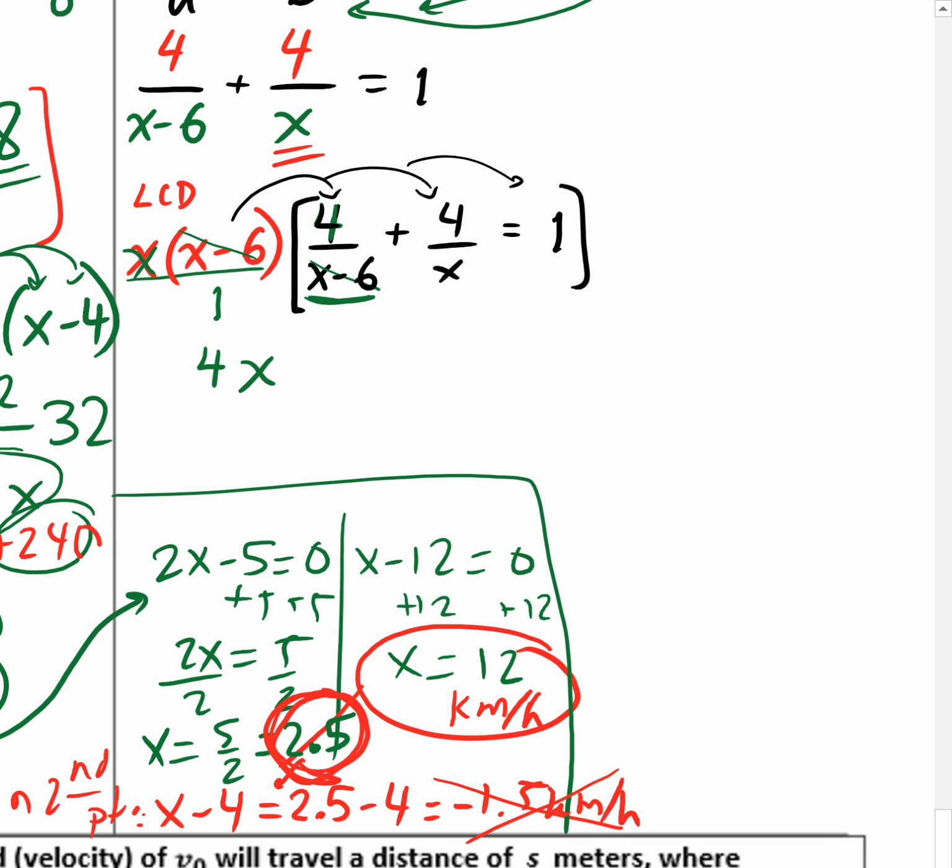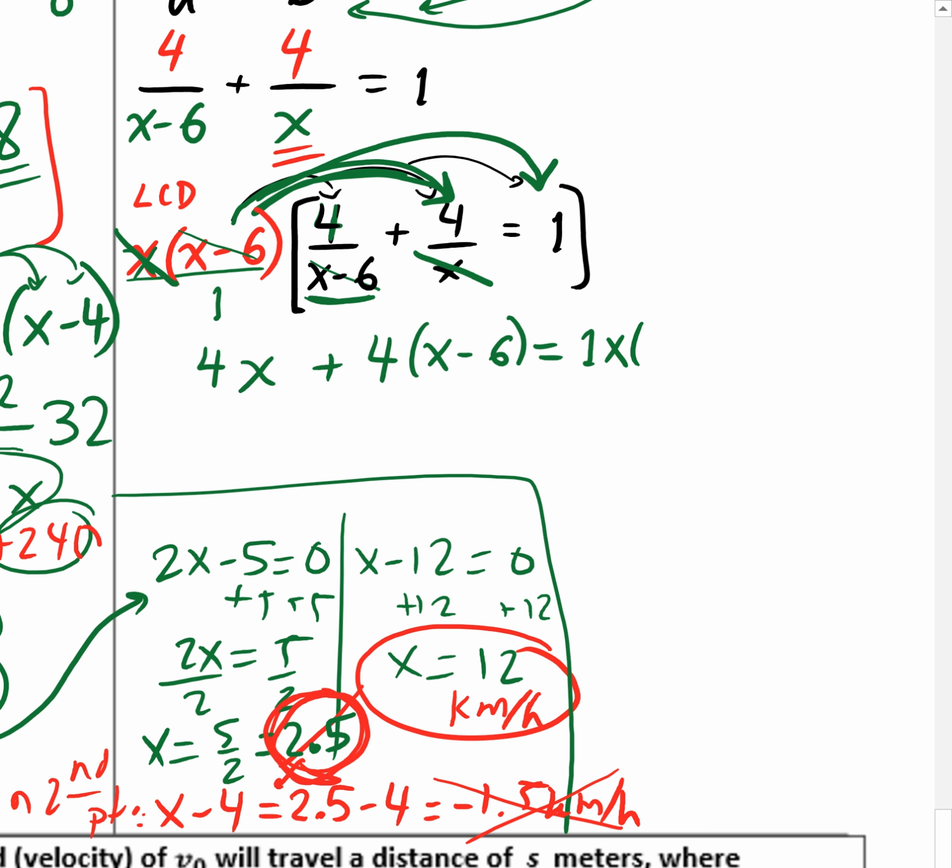That was your first term. And now if I imagine x minus 6 multiplied by the second fraction, I can see that the x's will cancel on the diagonal, but the 4 in the numerator will be left to be multiplied by the x minus 6. And then for the very last part, I'm multiplying x minus 6 by the 1. Nothing is going to cancel because there is no denominator, so it'll be 1 times x minus 6.